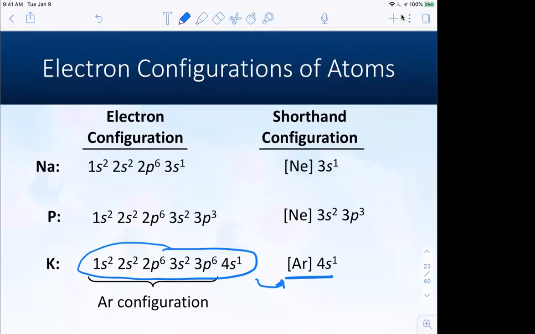So I'm not filling my paper with all these letters and numbers, but I know what's happening. As it turns out, the electrons in that valence shell, which in this case would be that 4s1 electron, control the chemistry.